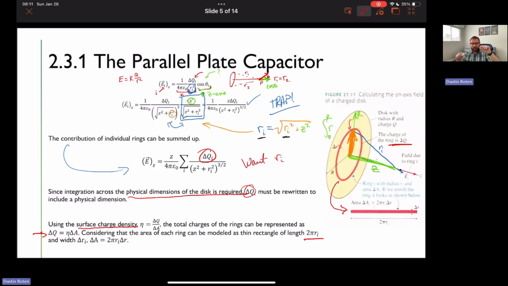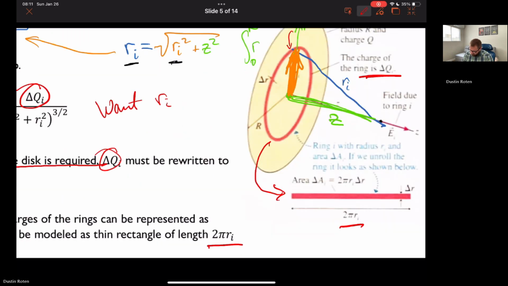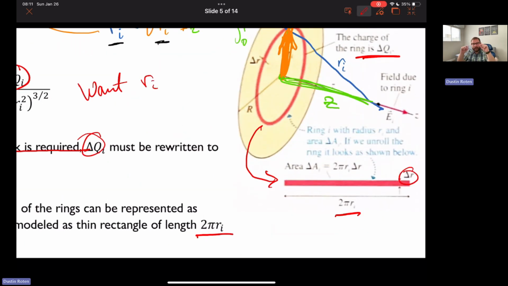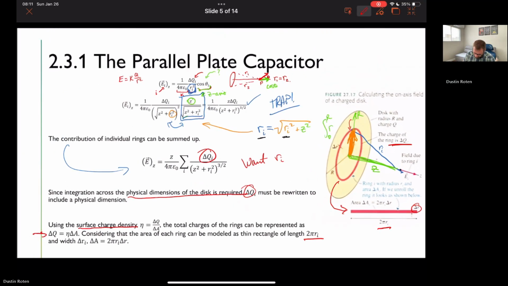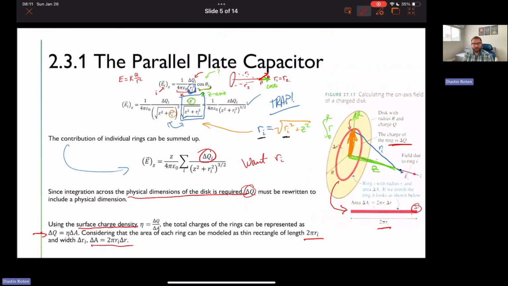And then it's going to have a width or a little bit of a depth radially outward. So we have the 2 pi r, then it's going to have the depth of just this tiny little baby sliver delta r. So it turns out we can actually rewrite the little sliver of area as just the length times the width of this rectangle. And it's still the same area as that ring. We just snapped it apart.